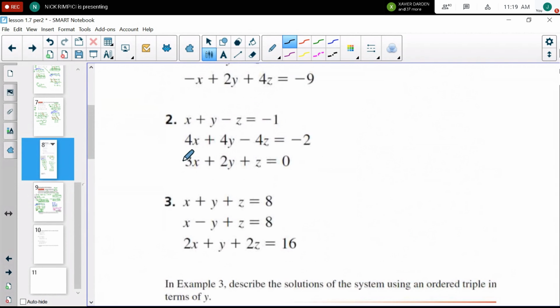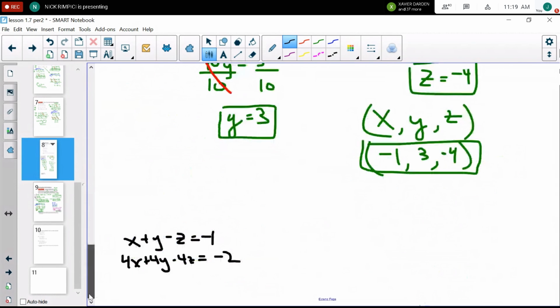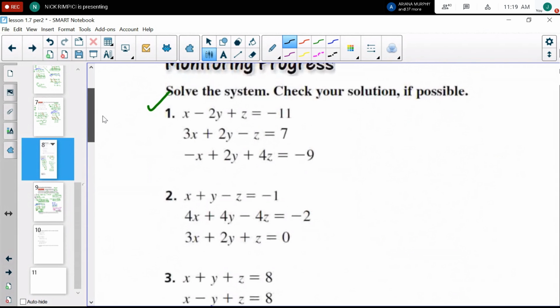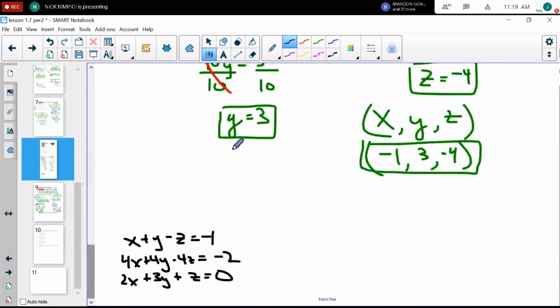And 3x plus 2y plus z is 0. Let me make sure I copy that right. Okay, I did it wrong. 3x plus 2y plus z is 0. Okay, let me fix that. Okay, so 3x plus 2y plus z is 0. All right, that looks like it's right. Let me just divide this up.